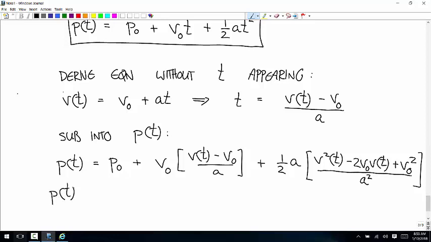So p of t is equal to p sub 0 plus v0 times v minus v0 squared, all over a.